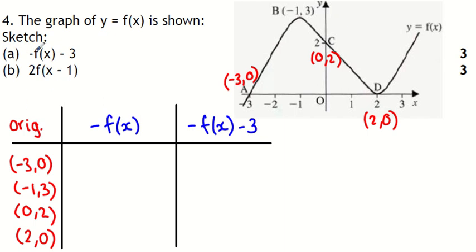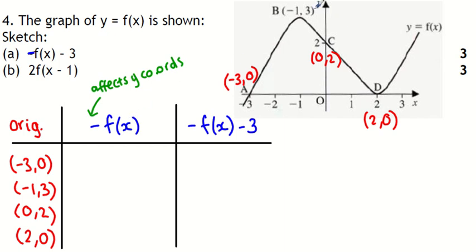So you need to know what negative f of x means. Now, if the negative is outside of the function, then that is going to affect the y coordinates. If the negative was attached to the x, it would have affected the x coordinates.